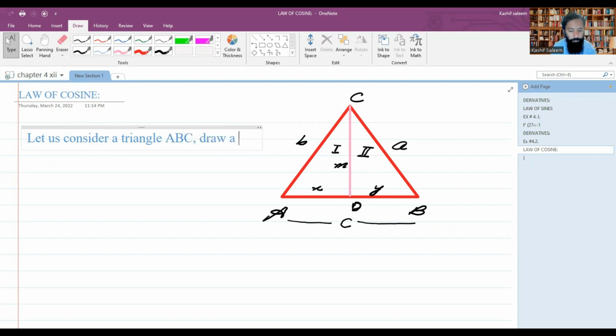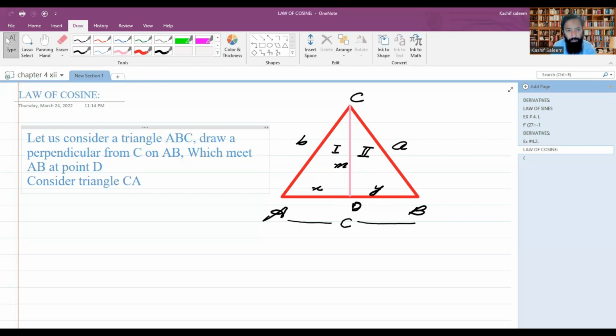Draw a perpendicular from C on AB, which meets AB at point D. Let's first consider triangle CAD.